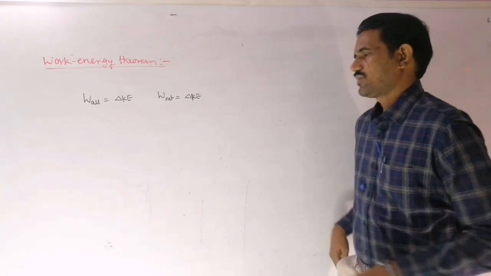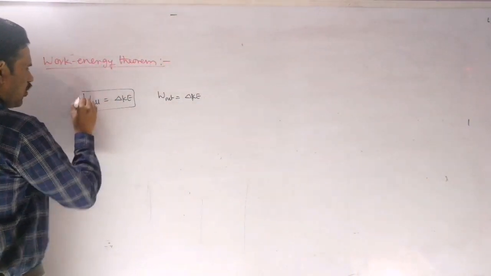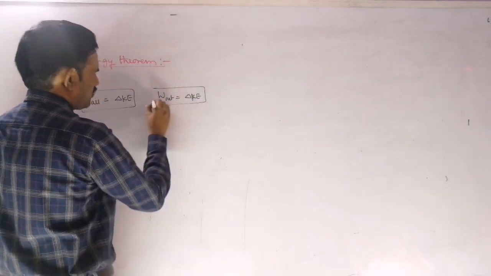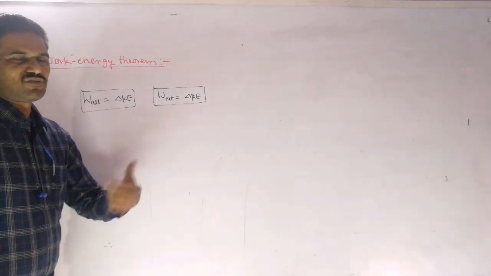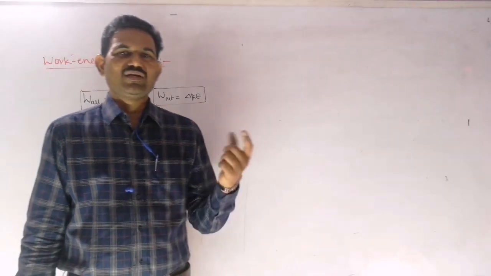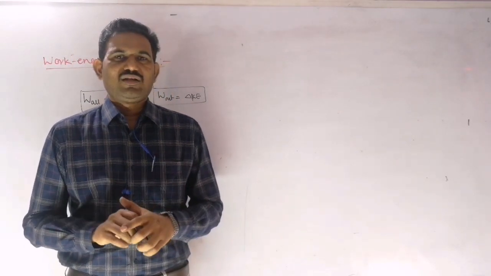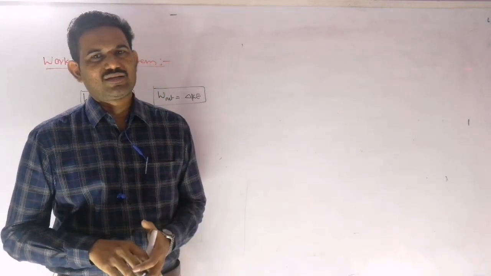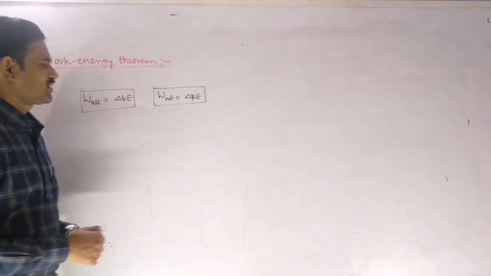So you can write: work done by all forces is equal to change in kinetic energy, or work done by the net force is equal to change in kinetic energy. That means you can find the resultant of all those forces, then a single force you will get, and the work done by that force you can calculate, right? So that is the thing here.